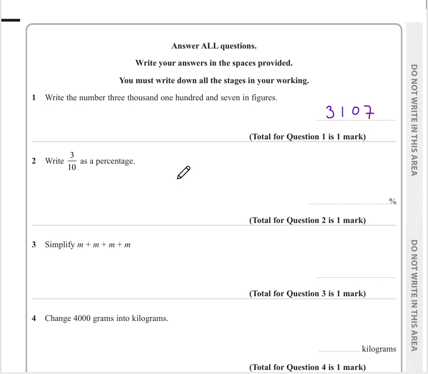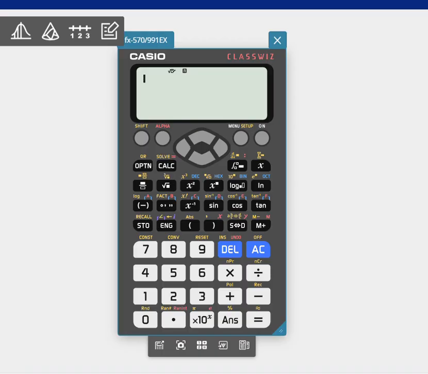Write 3/10 as a percentage. So if we change 3/10 to a decimal, it's going to be 0.3. We can do this in the calculator quite easily.